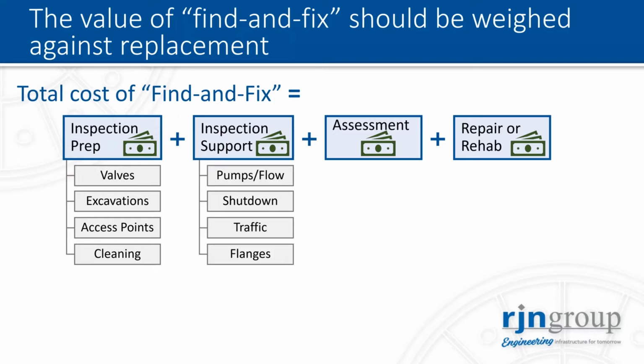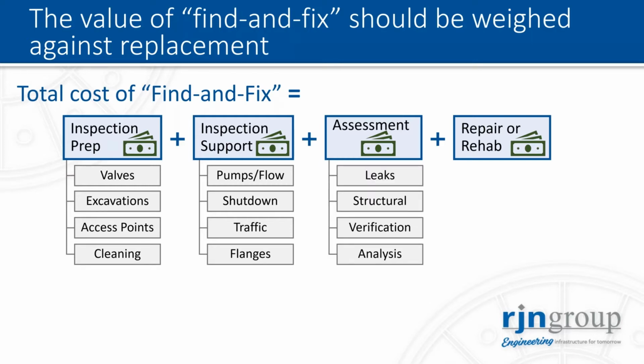And then for the actual inspection support work, making sure that the utility has staff available for turning pumps on and off, manipulating flows. Sometimes this involves valve efforts. In some cases, doing shutdowns, addressing traffic control, as well as opening and closing flanges.